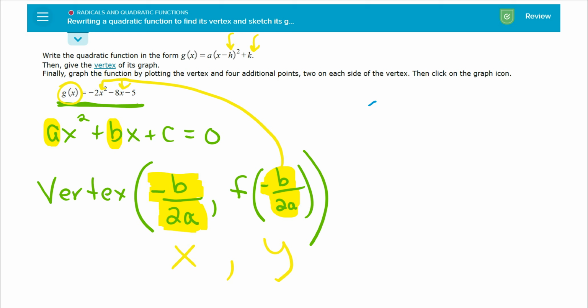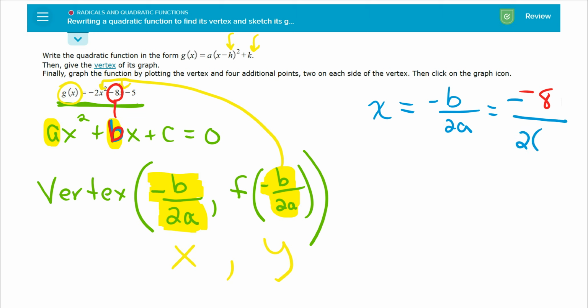Okay, well, remember x is going to equal negative b over 2a. So it's negative b, here's my b. Here's my b. So that's going to be the negative 8. So it's negative of negative 8 over 2 times a.